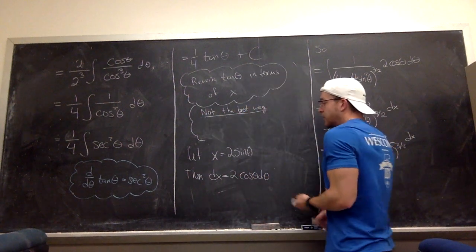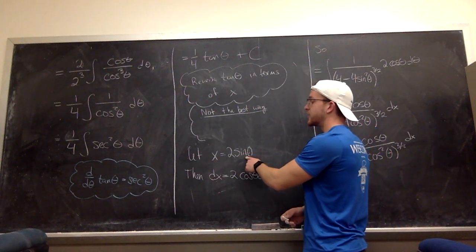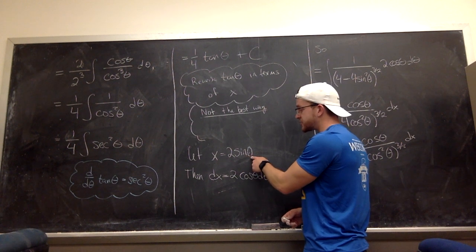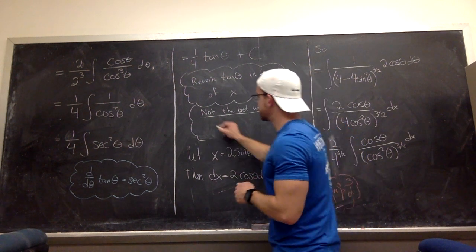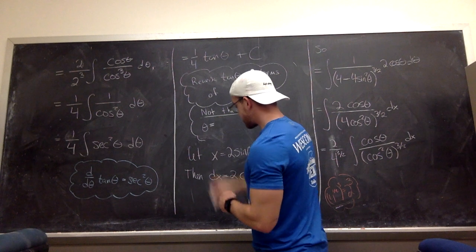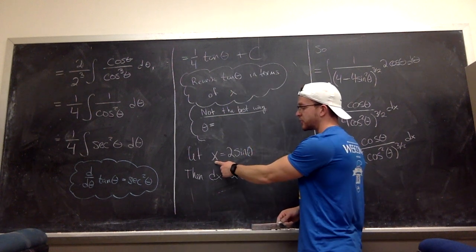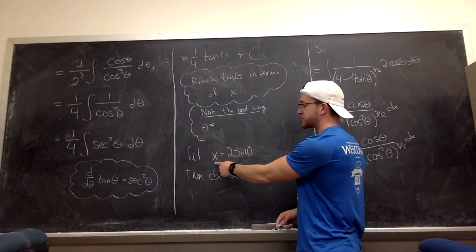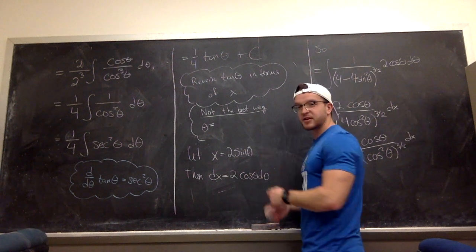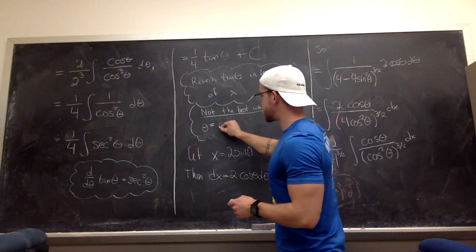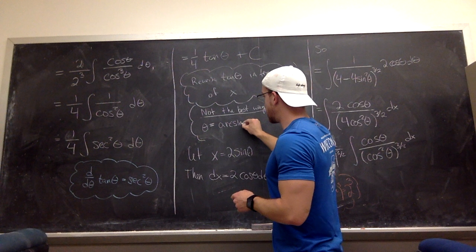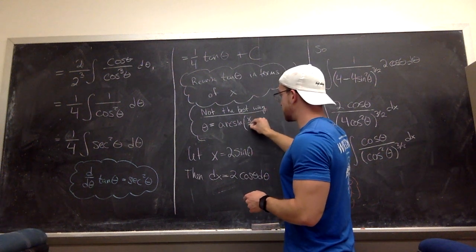So not the best way is to say, well, if x is 2 sine theta, let me solve for theta here. I would divide by 2, so I would get sine of theta is x over 2, and then apply arc sine to both sides, and you'll get theta is arc sine of x over 2.